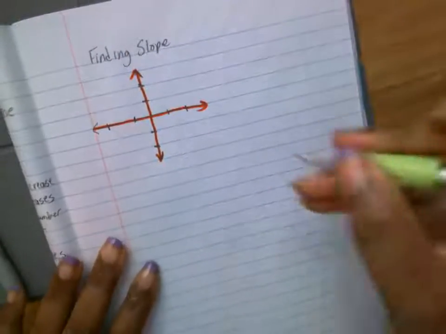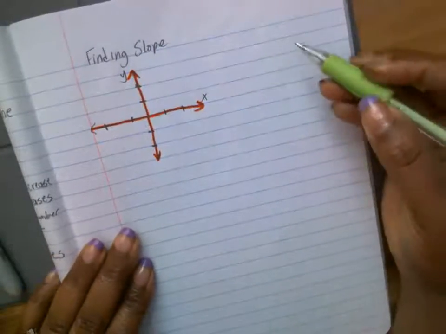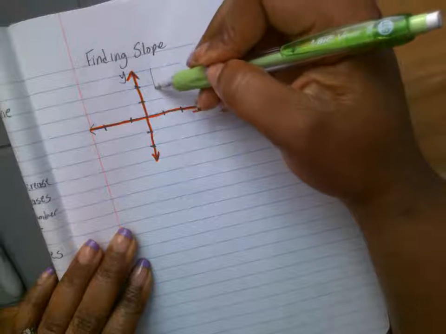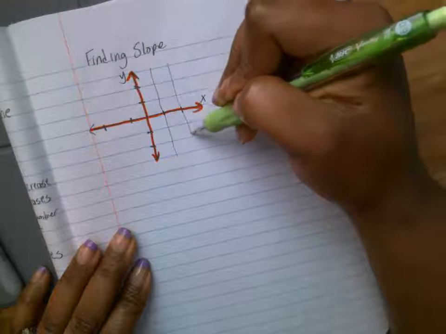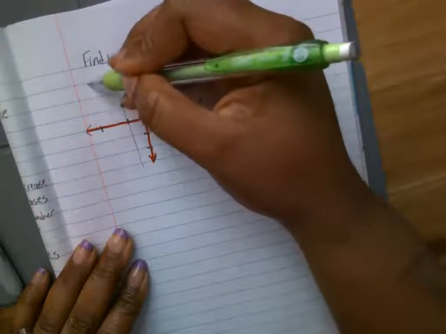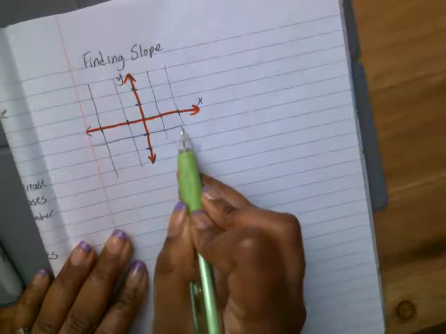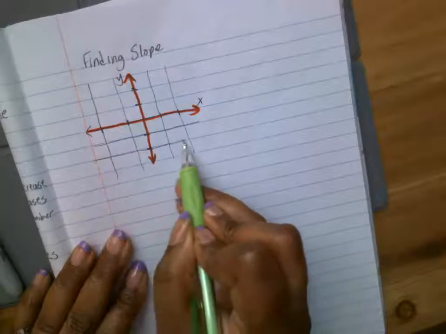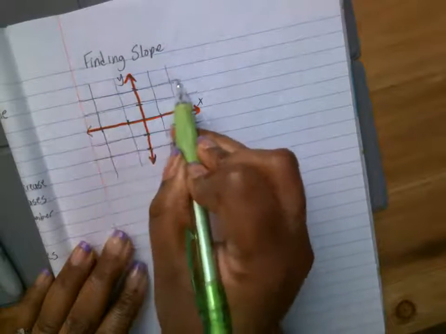Okay, I label this as my x-axis, and I label this as my y-axis. Okay, I'm going to do my little grid lines.